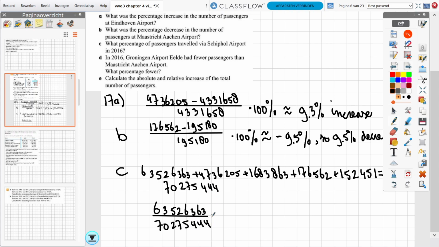And then do that times 100% because we want a percentage based answer. That means again rounding to one decimal place. And you will see that the percentage here is quite high because a lot of the total amount of flights in the Netherlands go via Schiphol. The amount here is approximately 90.4%. Okay, so that's for C.